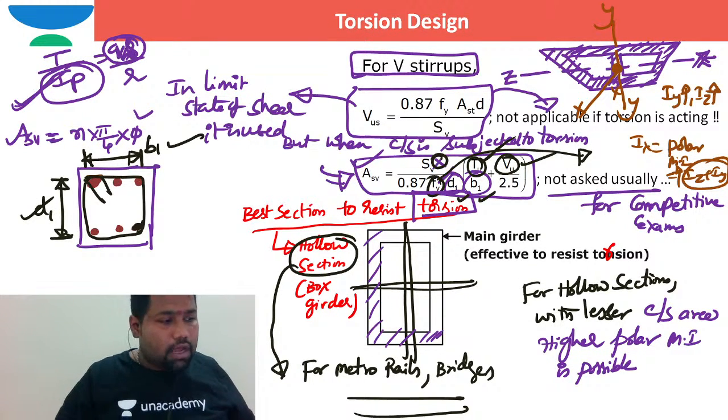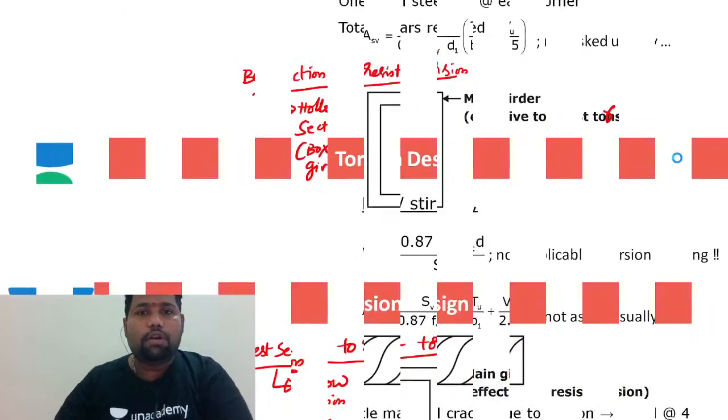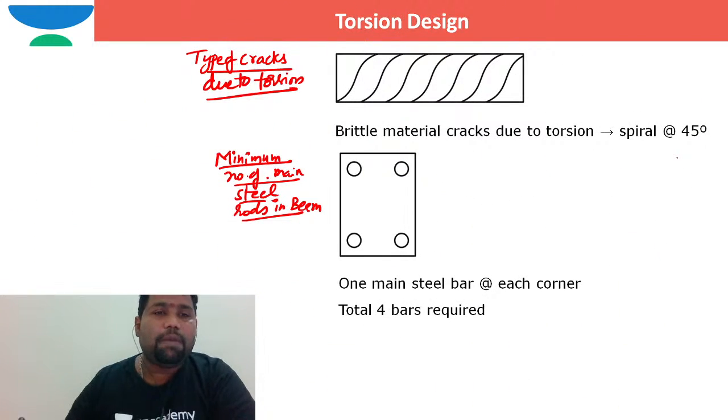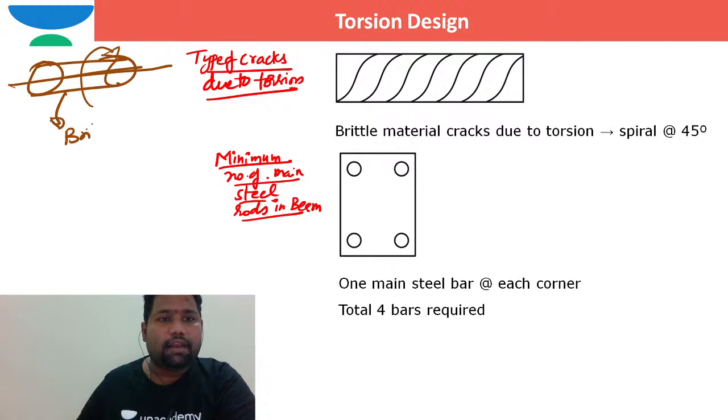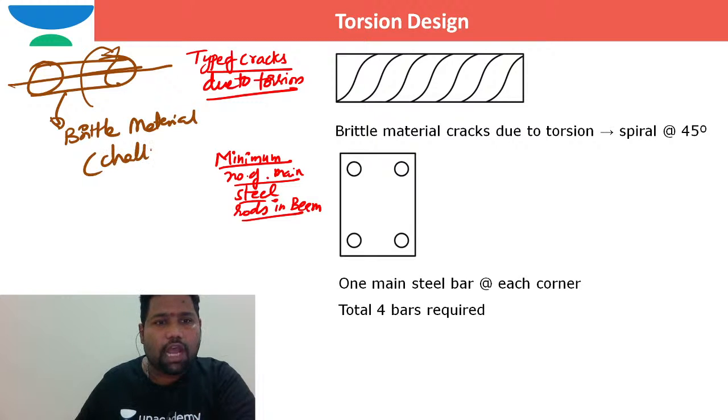Some people will also ask one more theory question. Sir, if I take a pen or a rod, and the rod is subjected to torsion, and the material is brittle, for example a chalk piece, I hope you know a chalk piece.